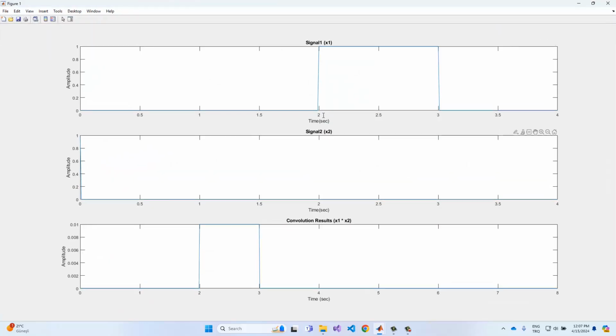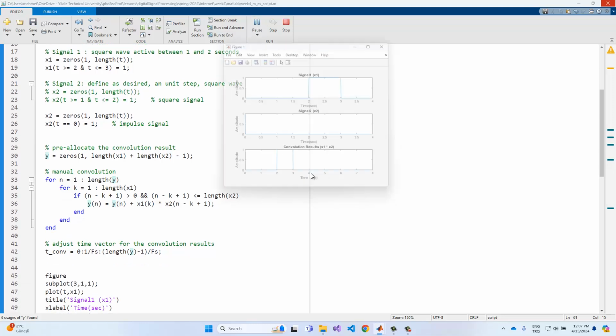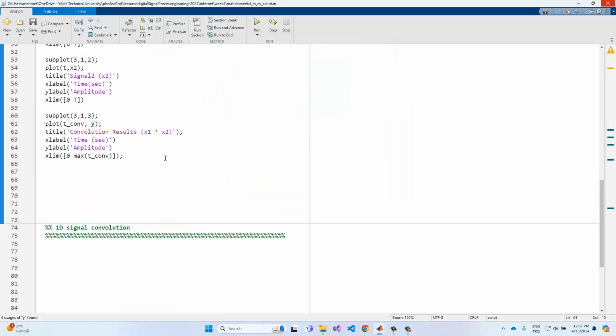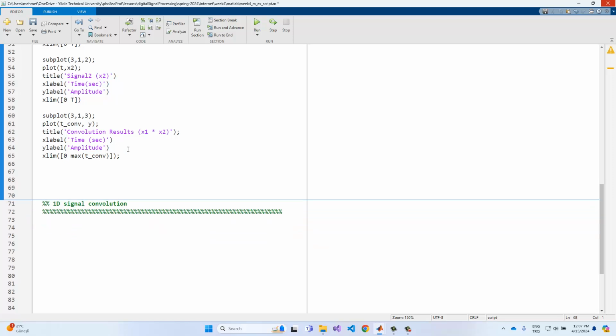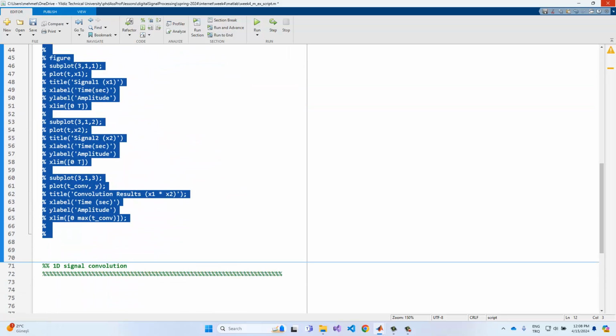At this time we have 2 to 3 seconds at amplitude values of these terms, and this represents the signal notation. But in the impulse response we should not use the fs value because we don't have any iteration in here, and so 2 to 3 seconds are given in the amplitude of these terms, okay. This is important. So this is the first example related to our convolution study.